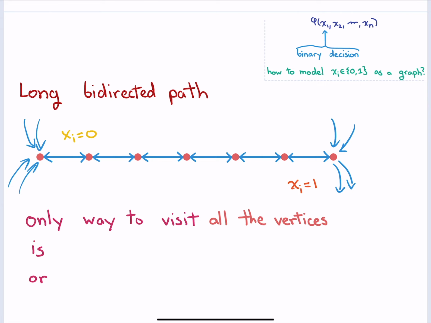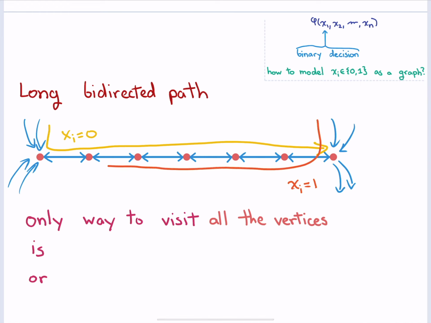So if I want to visit all the vertices, I can go from left to right, or I can go from right to left. That's another way to say you have to choose one or the other. To satisfy the requirement of the Hamiltonian path, you're going to have to go along this path in one direction or another.